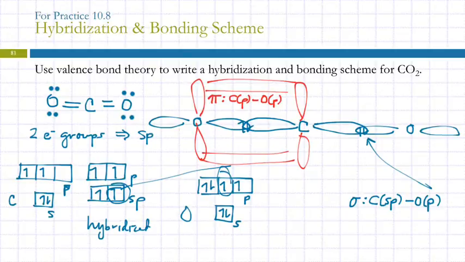Carbon has another p orbital that's going in and out of the plane of the screen. This oxygen has 3 p orbitals, right? It's got this one that we're using for the sigma bond. It's got one going up and down, which is going to have the lone pair in it, and it's got another one going in and out.